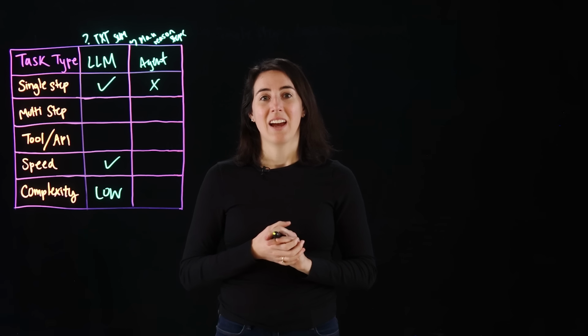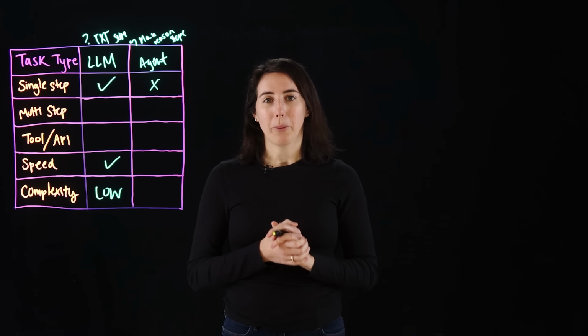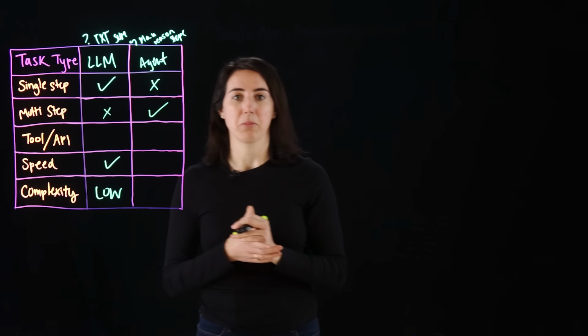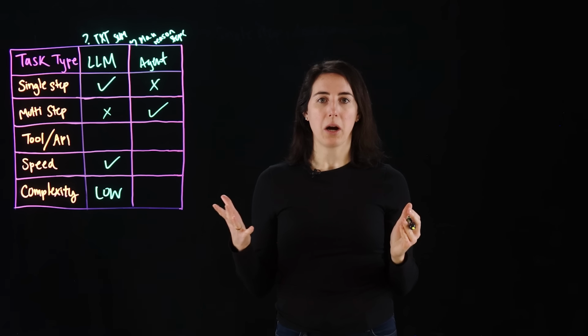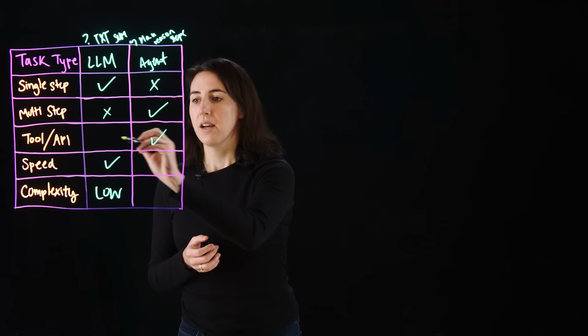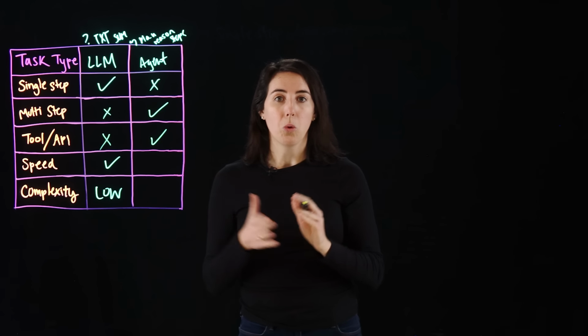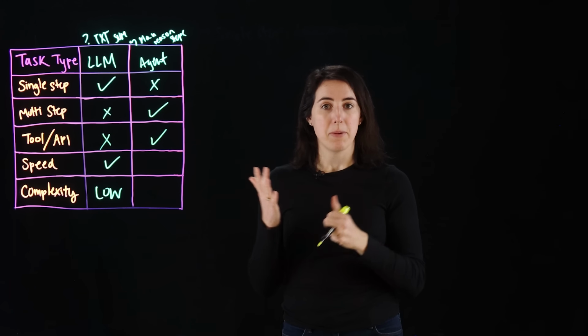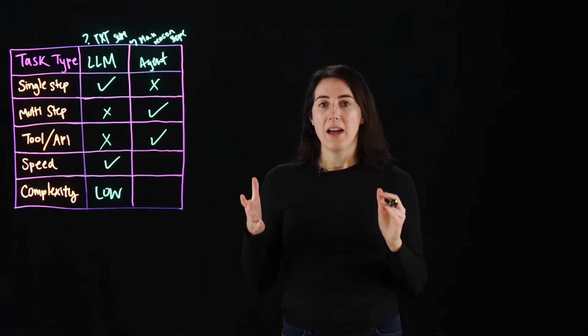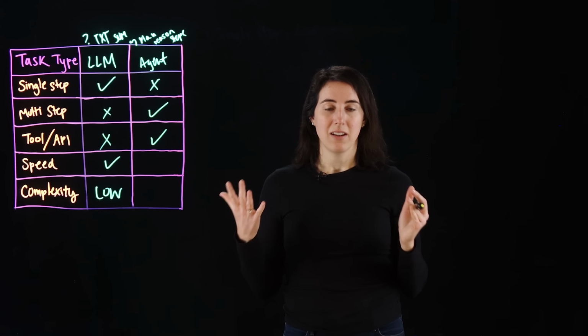Now, agents, they shine when things get more complex. So, we're talking about multi-step reasoning, tasks that require planning or decision making, when you need to use either one tool or an array of tools like APIs, databases, or external systems, and when more autonomy is required.